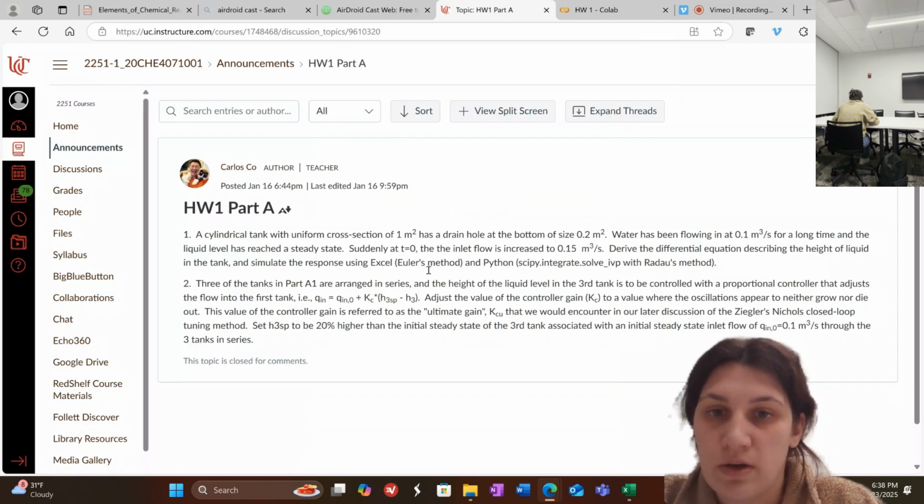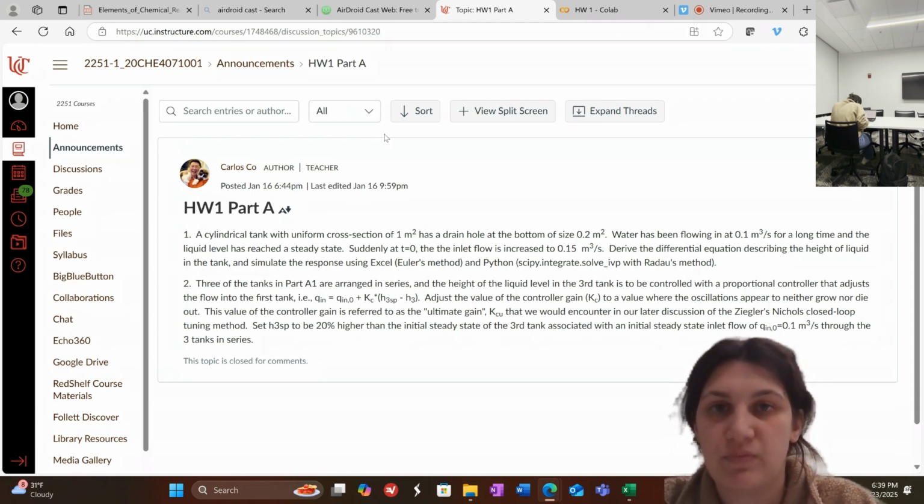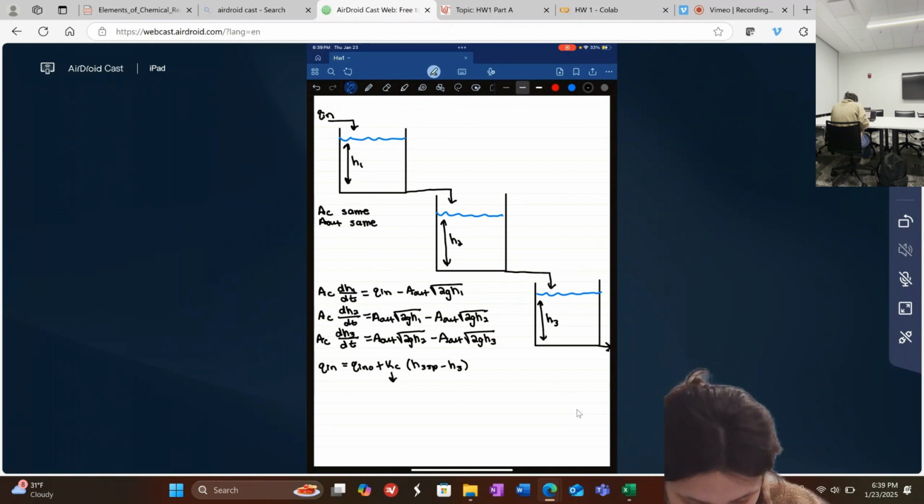Another thing to note is this equation with our Q in equal to Q in naught plus Kc times H3 set point minus H3, written out there. Our Kc is our controller gain, and then this here is our error, or E.